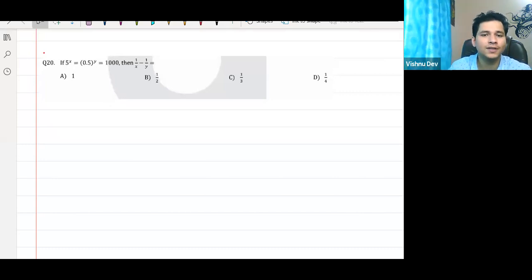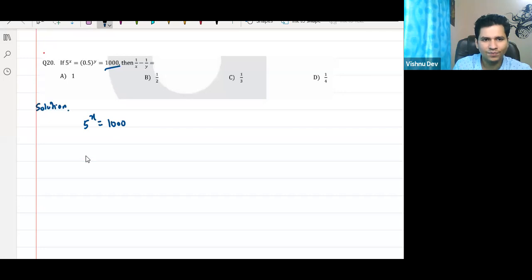Very good, Muhil. I think you are getting the correct answer. Let us check. So first of all, step one, I have to make one reference. Let us take a reference as 1000. So 5 to the power x is equal to 1000. Yes or no? So what is x?